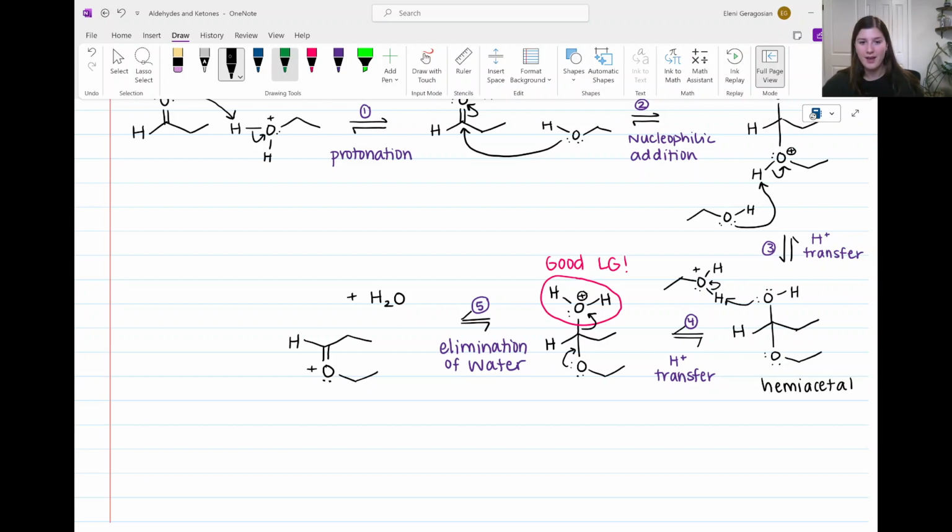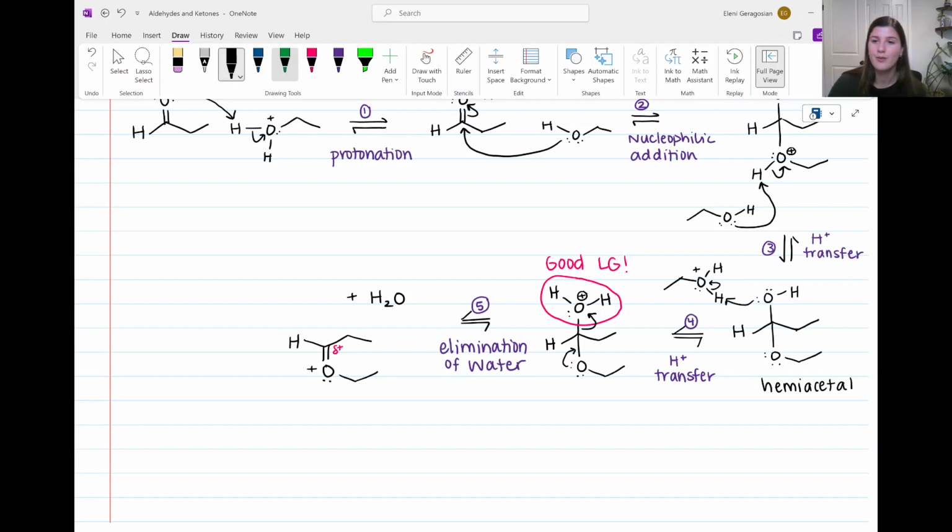Well, now look, we have a positively charged oxygen bonded to a carbon. That double bond looks like a carbonyl bond. That positive oxygen is pulling electron density away from that carbon. And so now this carbon, again, partial positive charge here, is susceptible to nucleophilic addition.